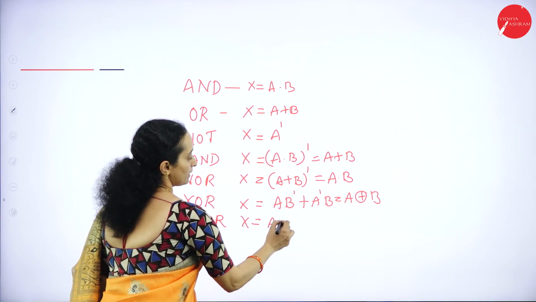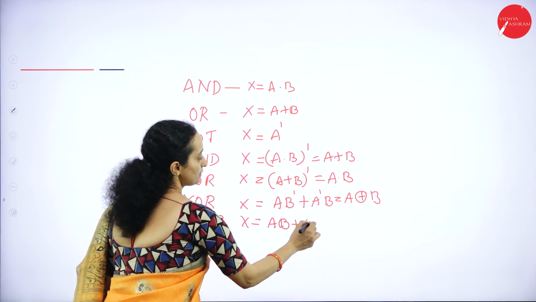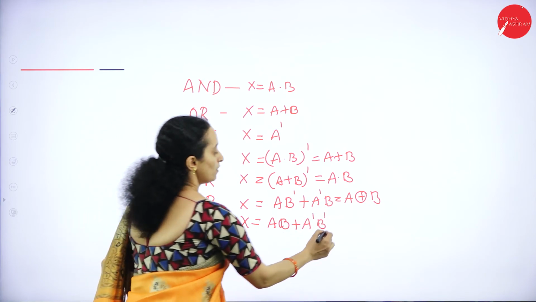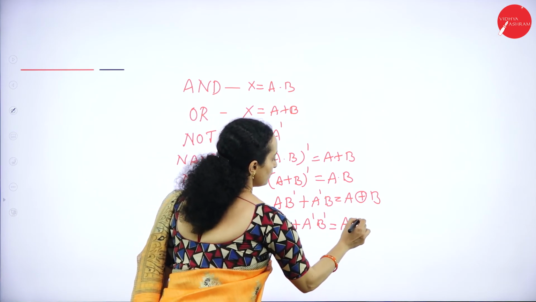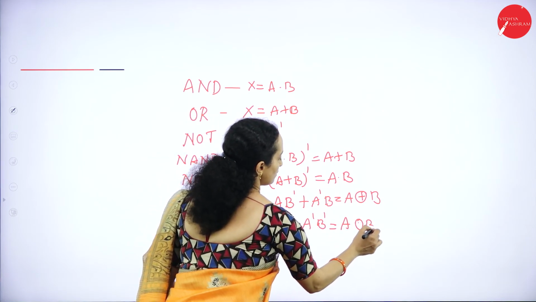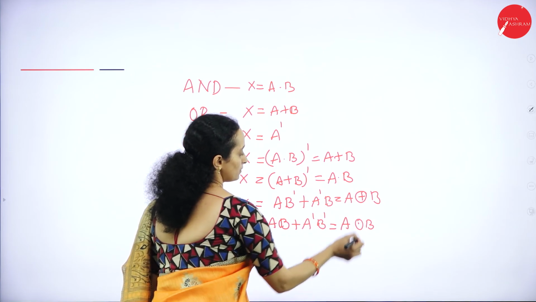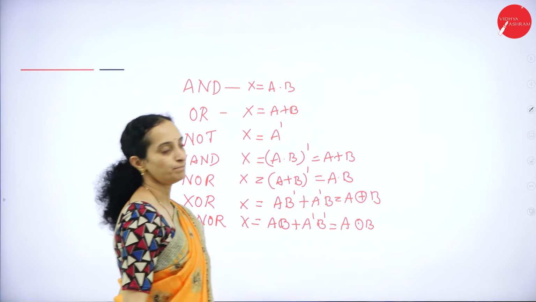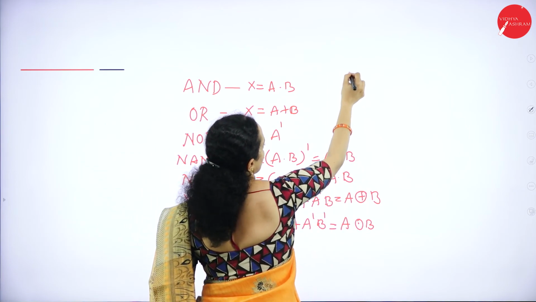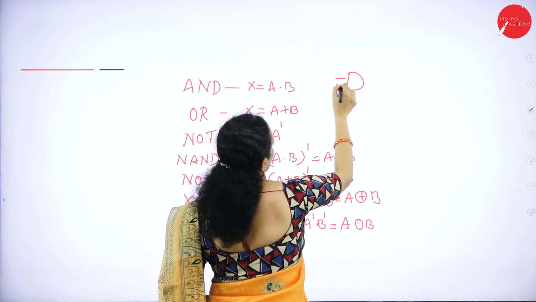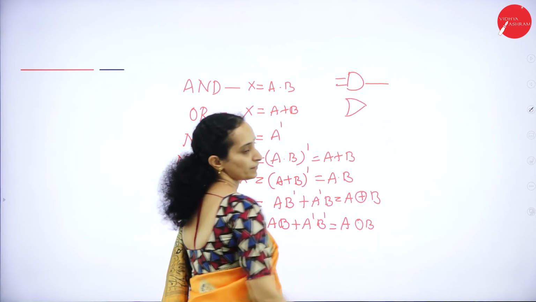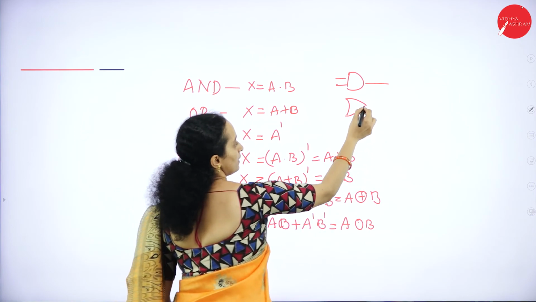You can represent like this, AB plus A dash into B dash, or A with a circle and dot within, A XNOR B. So the symbolic representation of this will be like this, or can be represented like this.